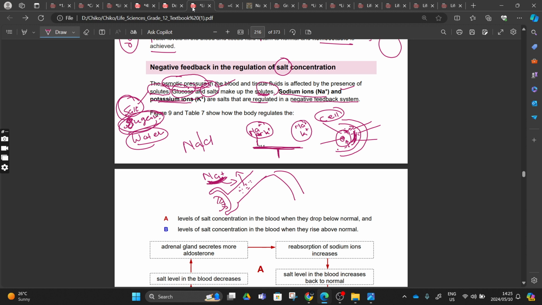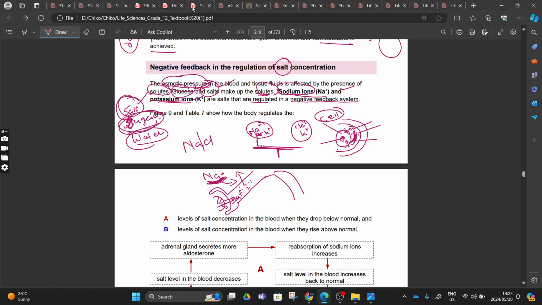So for the sodium ion to enter our distal convoluted tubule, we need potassium on this side, right? So you'll understand that when we have this potassium, it will come and reach here. As this potassium passes here, it will now be bringing that sodium ion with it. So this one is a chain, they work together.